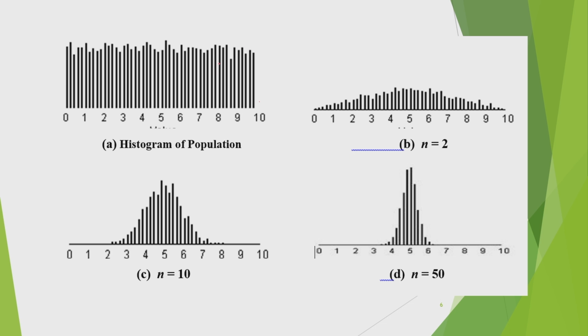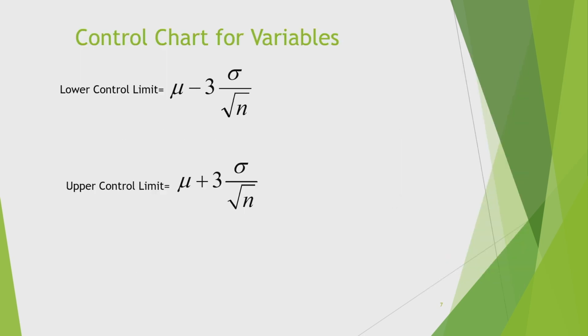Suppose you have got a uniform type of distribution, but if you take two samples and take the mean of them, you will be surprised that even with 2 samples, the mean will become normally distributed. Because when you take on a random basis, maybe sometimes you can take a very high value, then another can come with a low value. But if you increase the sample size to n equal to 10, then it will be even more normal, and if you take n equal to 50, it will be even more normal, and the variability will also be less. That means it smoothens out. So, that type of thing is there.